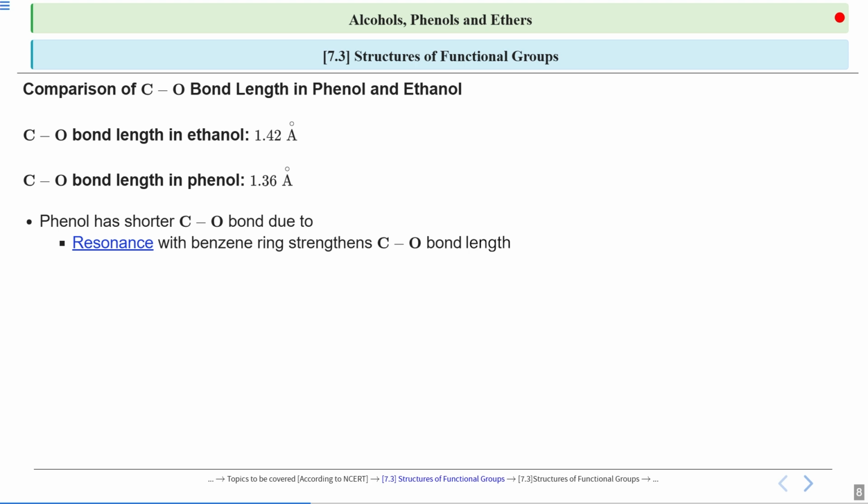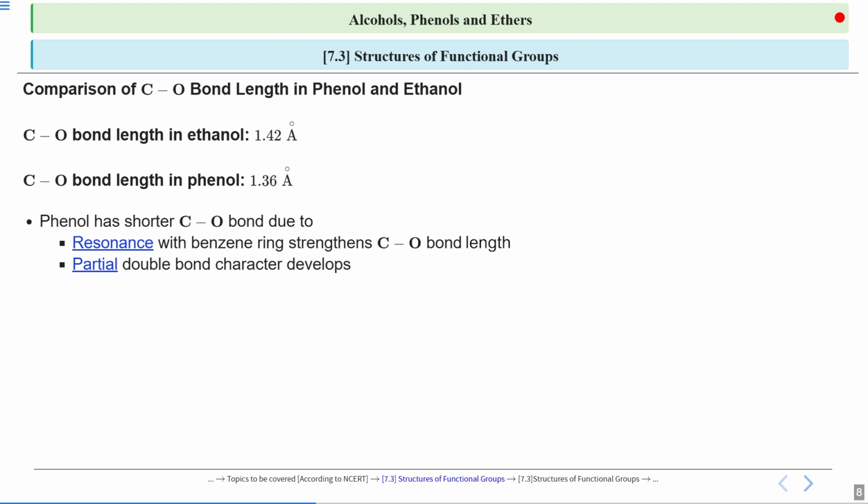So the resonance strengthens the CO bond forming between the carbon of the benzene ring and the oxygen of the hydroxyl group, which is one of the reasons for the shorter CO bond length in phenol.